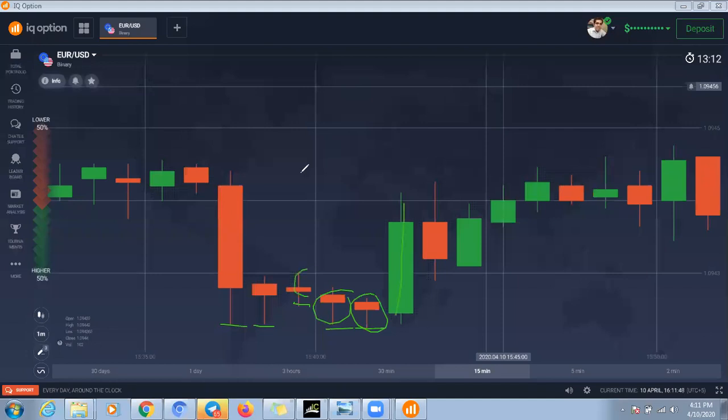Look at something like weak candles, two bearish weak candles. Okay, like that, and you find a strong bullish candle like this bullish candle.